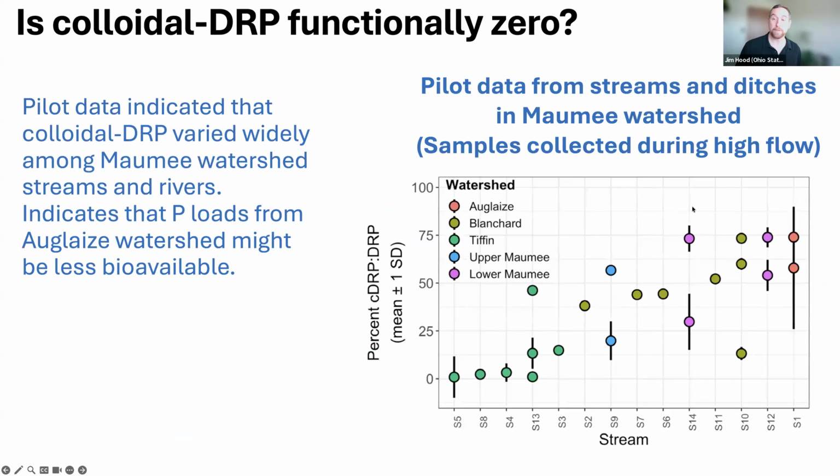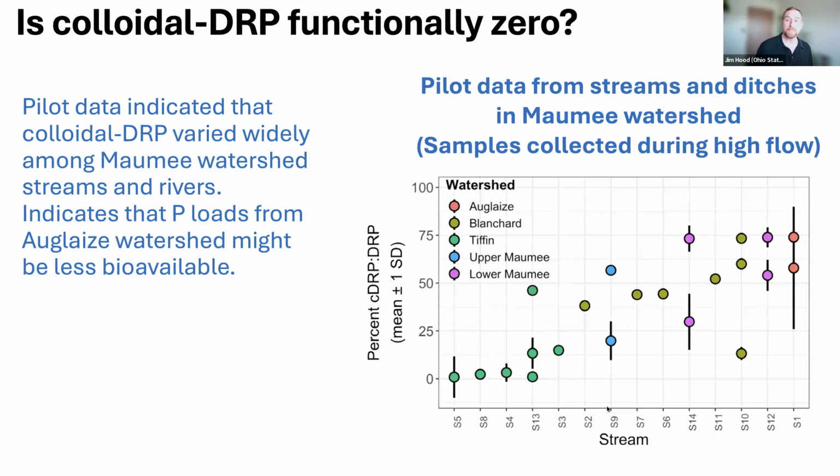We had some data from the Auglaize and the Maumee that suggested really high levels of colloidal DRP relative to total DRP, but also data from the Tiffin watershed that suggested low levels there. So this suggests there's high spatial and temporal variation in colloidal DRP that may be important.